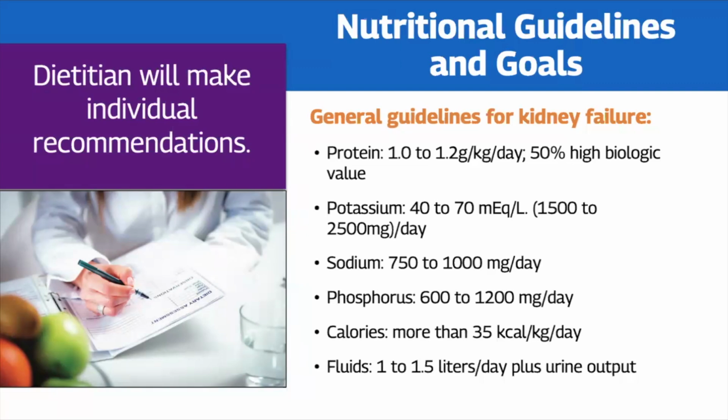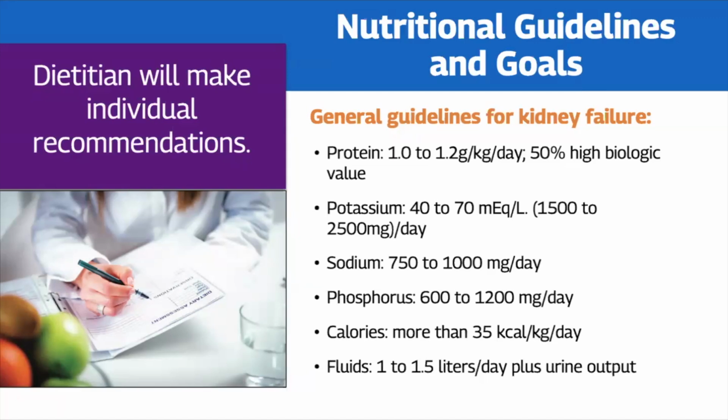So 40 to 70 milliequivalents is the recommended amount, which is 1,500 to 2,500 milligrams per day. The normal human takes in about 4,000 milligrams a day. Sodium at 750 to 1,000 milligrams is a restriction.